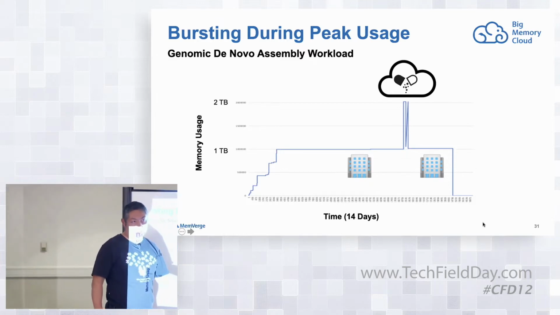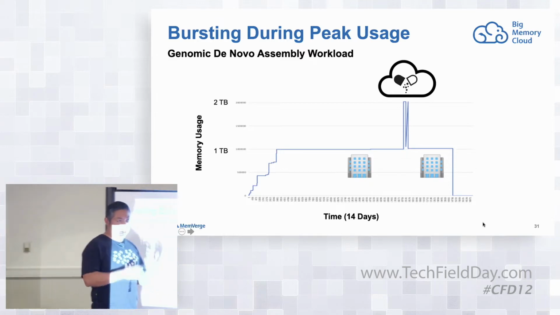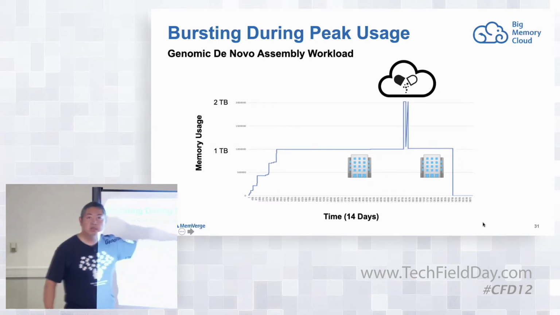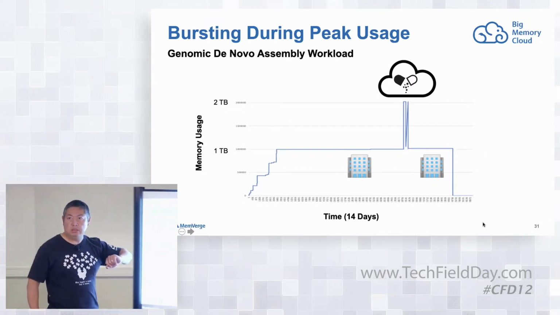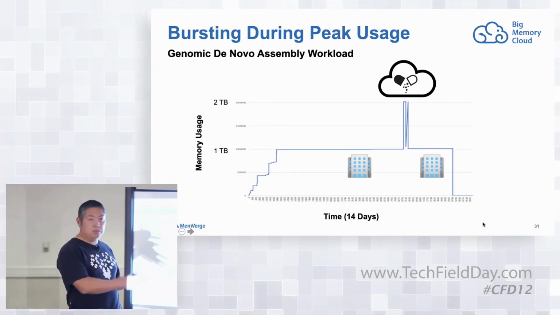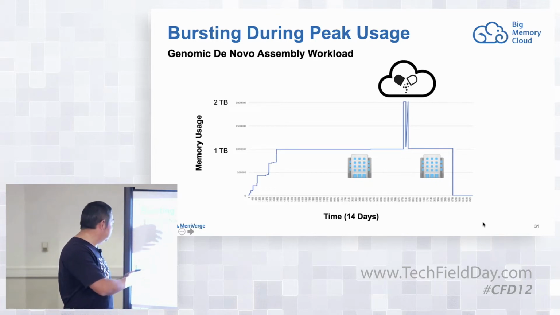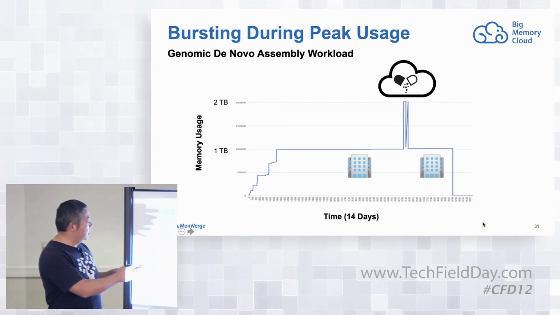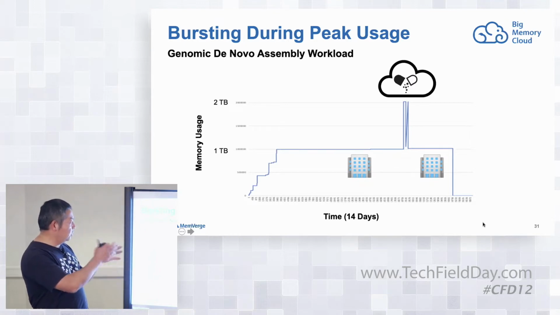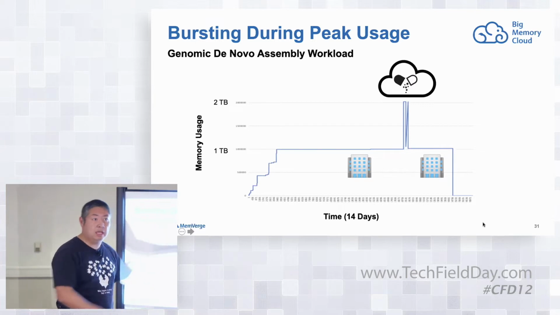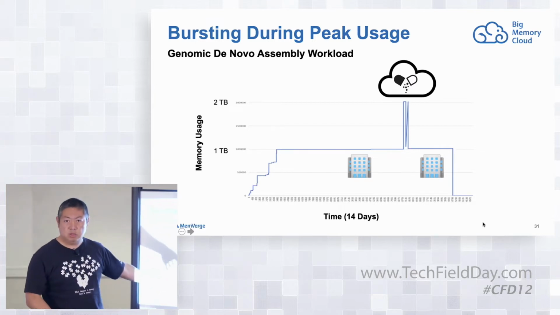We took a snapshot and moved the workload without stopping, without interruption, to a larger 2 terabyte machine. It's actually probably a 4 terabyte machine. We ran on the bigger machine for a shorter amount of time. When it's no longer needed, we took a snapshot and then brought it down to the smaller machine.